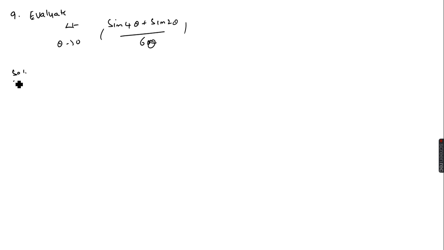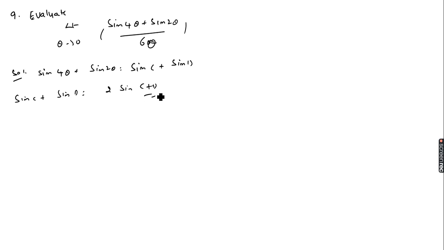So here the solution is, we first find sin 4 theta plus sin 2 theta. This is of the form sin c plus sin d. So what is the formula for sin c plus sin d? That is nothing but 2 sin of (c plus d) by 2 and cos of (c minus d) by 2.